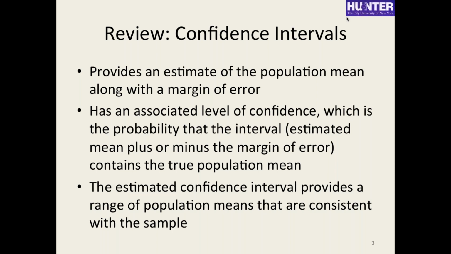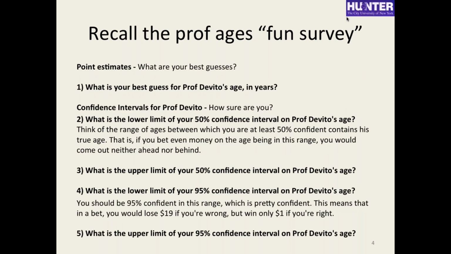Since we only know the mean from sampling, we never know what the population mean is for sure, but at least with confidence intervals, we know that within this range, we're 95% sure we've captured the true population mean, or within this range, we have 99% certainty that we've captured the true population mean. Okay, so it's a range of values within which we expect that to happen.